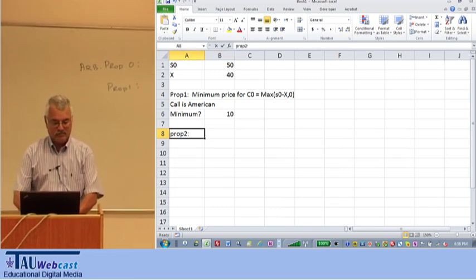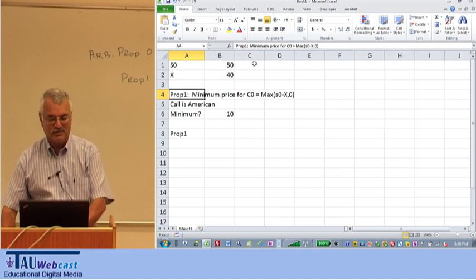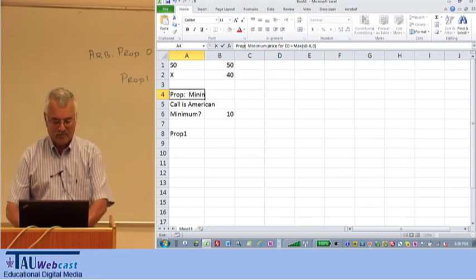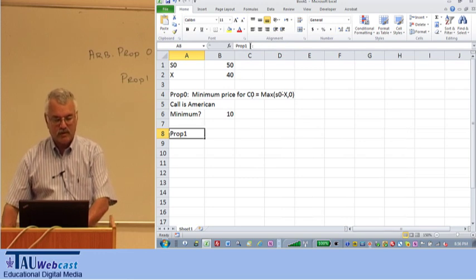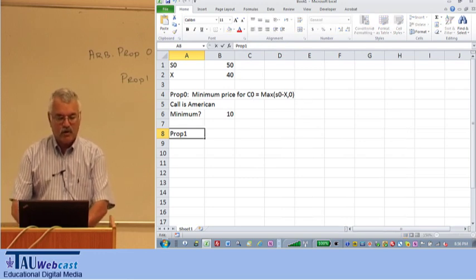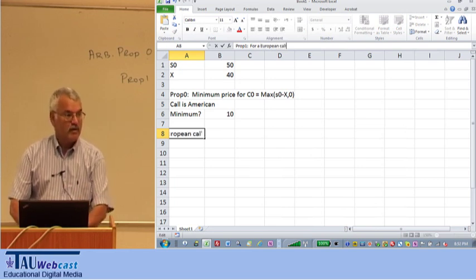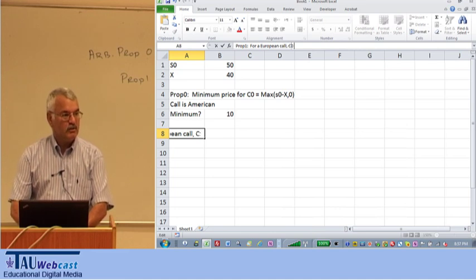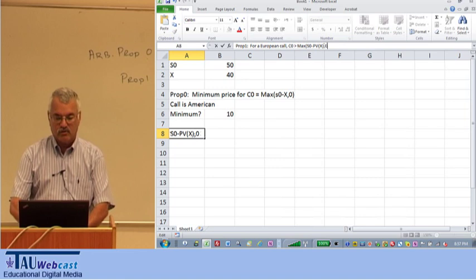Okay. Proposition 1 says for a European call, C0 is bigger than max of S0 minus the present value of X or 0.